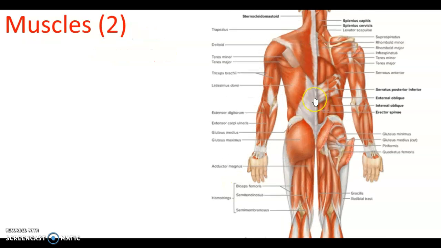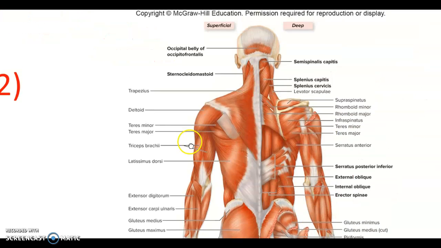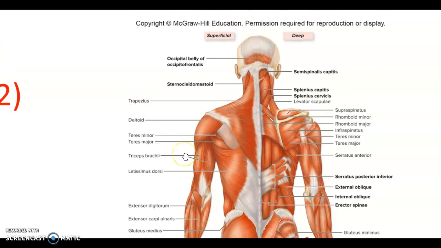So here's a posterior view. So know these bolded ones right now. Occipital belly of the occipitofrontalis, sternocleidomastoid. So that's that strong muscle right in the back. Like this muscle is that strong where you get neck pain and stuff. So this is the muscle right there in between that and your jaw. The semispinalis capitis, right? So the splenius capitis.